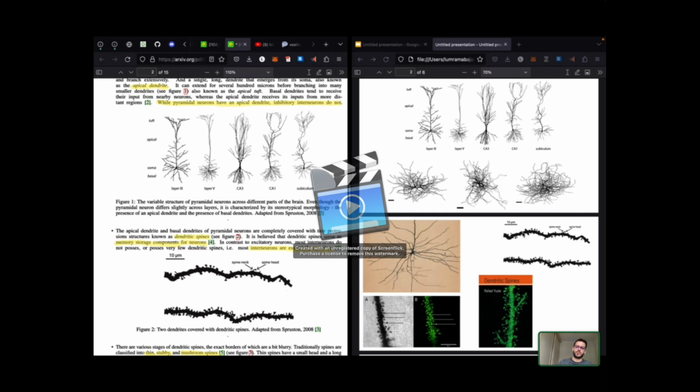It will never form a connection to the dendritic shaft. Another interesting observation is that essentially every spine that we see does have a synapse. It rarely occurs that a dendritic spine does not already have a synapse attached to it.